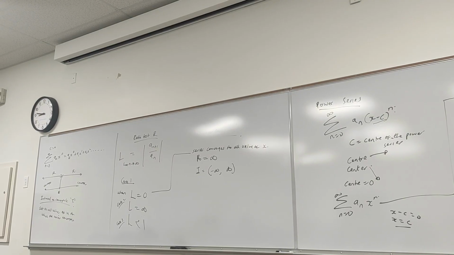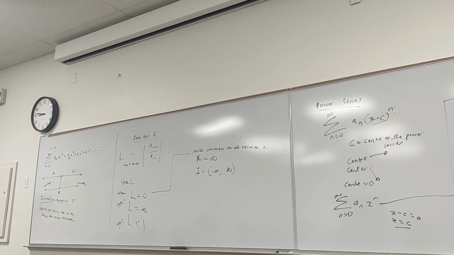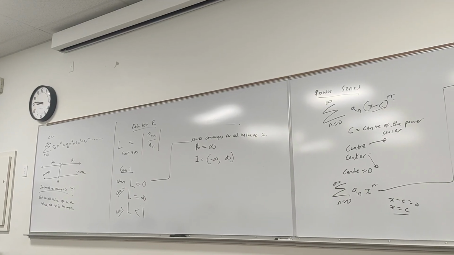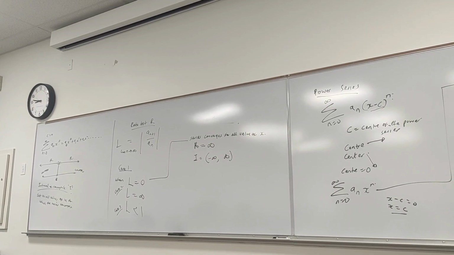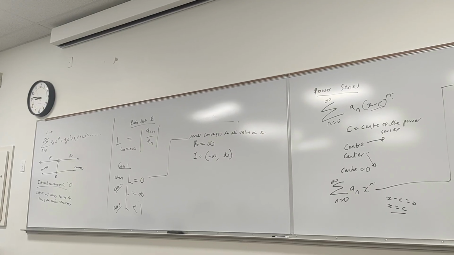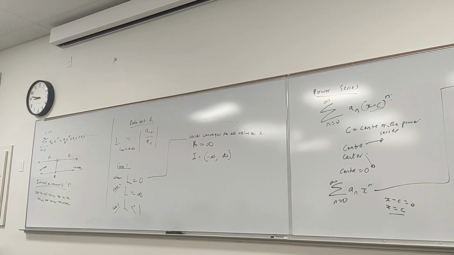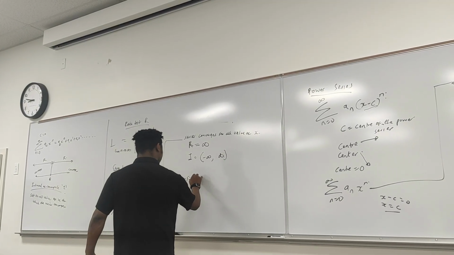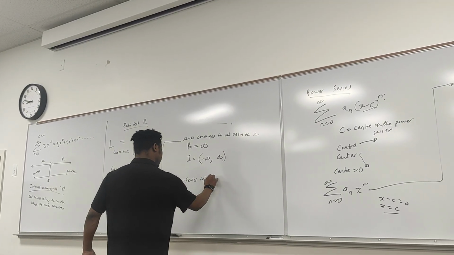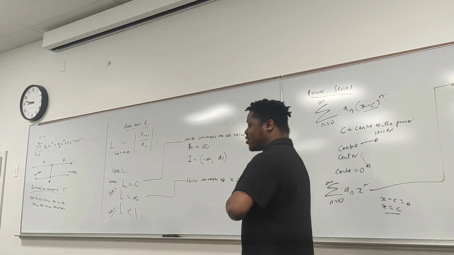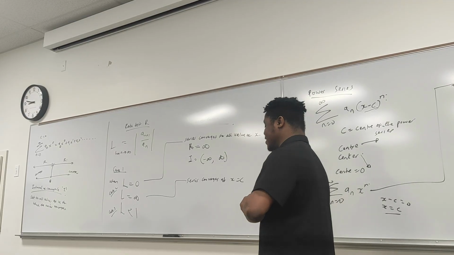Case 2 is when your ratio test is infinity. Does anyone know what that means? I put it in your workbook too. What that means is that the series converges at x equals c.